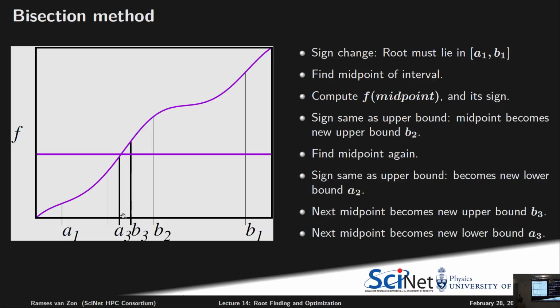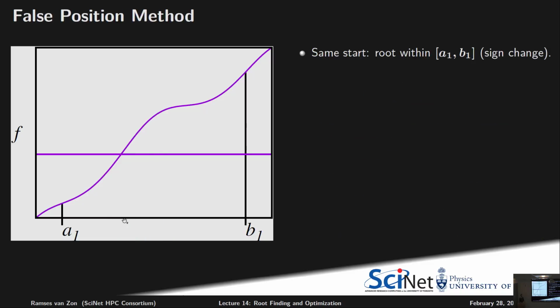So you could say the next midpoint is your best guess for the root, and your estimate for the error is the difference between b3 and a3. And you'll continue until that interval is small enough for you to accept this as a reasonable, accurate solution. Does that make sense? Okay. So that's one way. It's not very fast, but it is very easy. You could write that one yourself quite easily, but you won't.